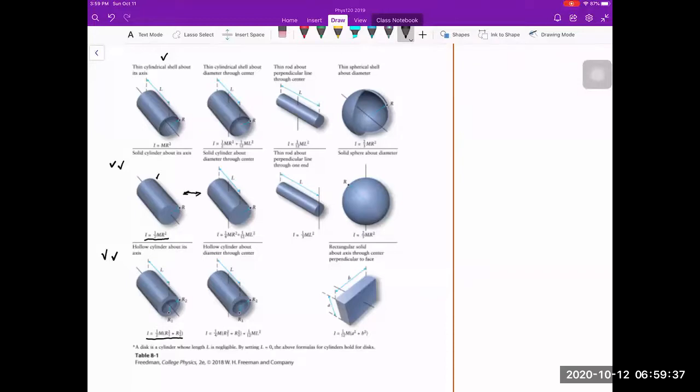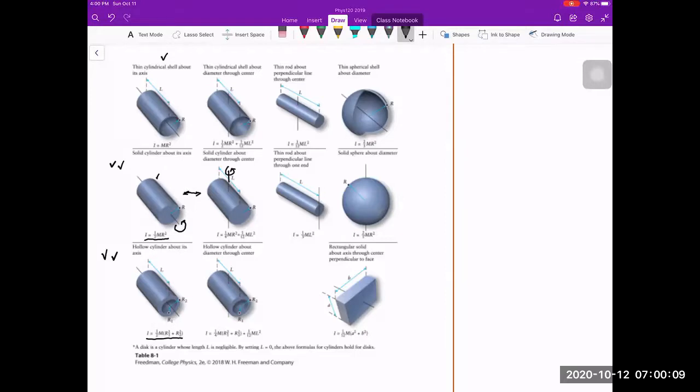However, this one here is rotating about the center of the cylinder, whereas this one here is rotating about the length of the cylinder. So if you are rotating an object with a different orientation, then the moment of inertia will be different, because the shape, not only the mass, will matter in the rotational inertia.